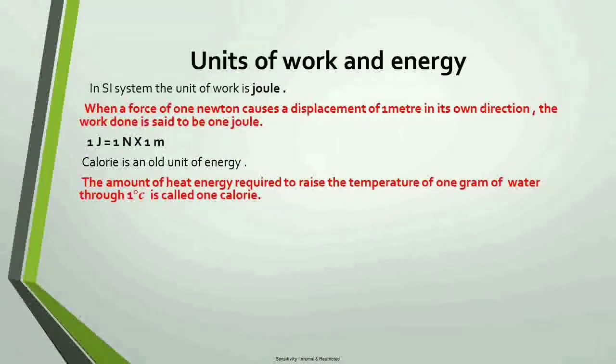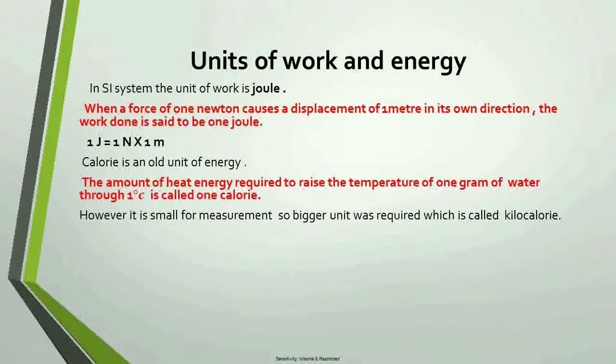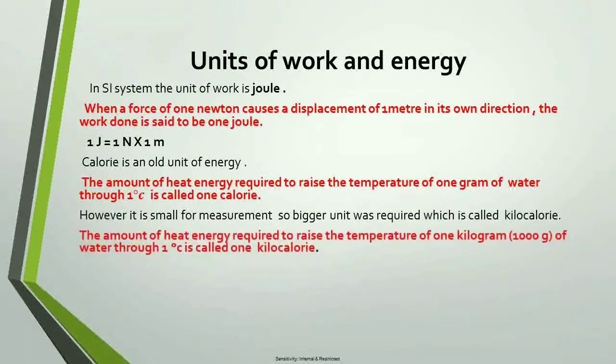Clear? However, it is small for measurement, so a bigger unit was required, and that unit is called the kilocalorie. Now the question is, what is the kilocalorie? The amount of heat energy required to raise the temperature of 1 kilogram, or 1000 grams, of water through 1 degree Celsius is called 1 kilocalorie.